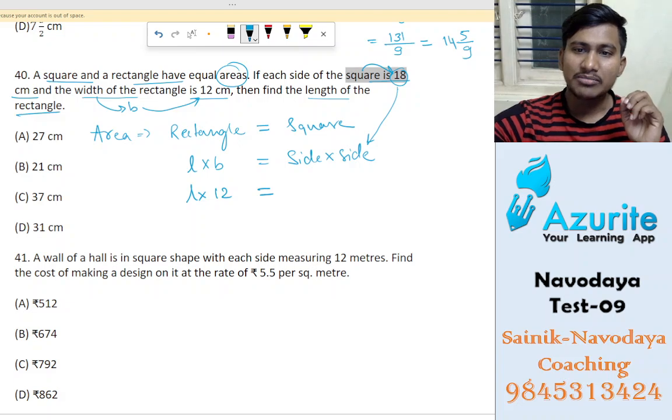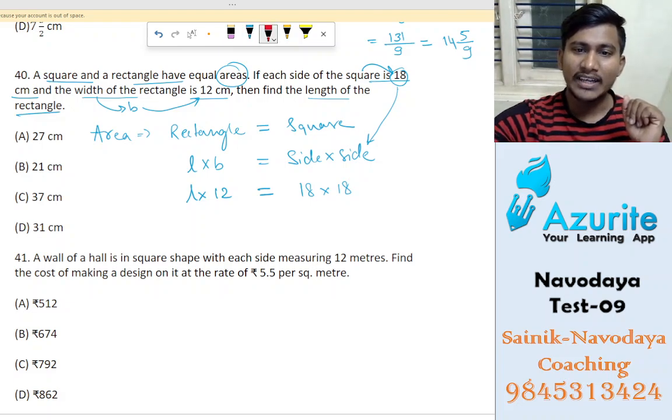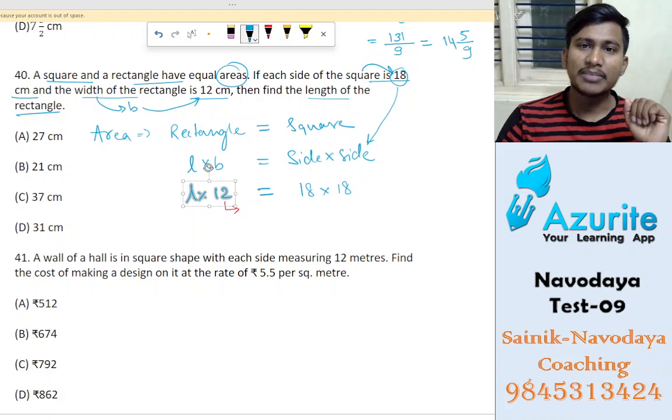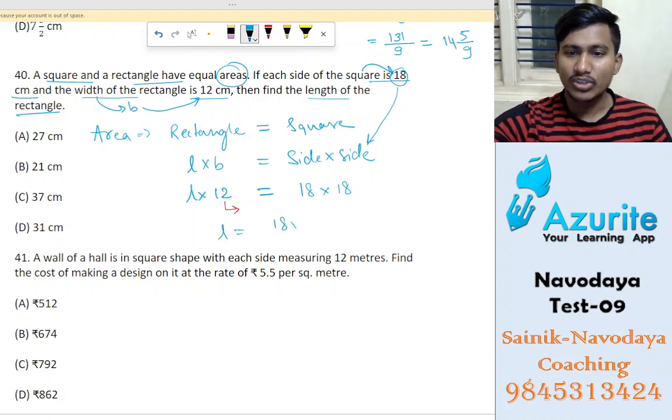So side into side means 18 into 18. Now we have to separate length, because we have to find length, right? So to separate length, that 12 we have to take to the other side. It will divide. So length will be 18 into 18 divided by 12.